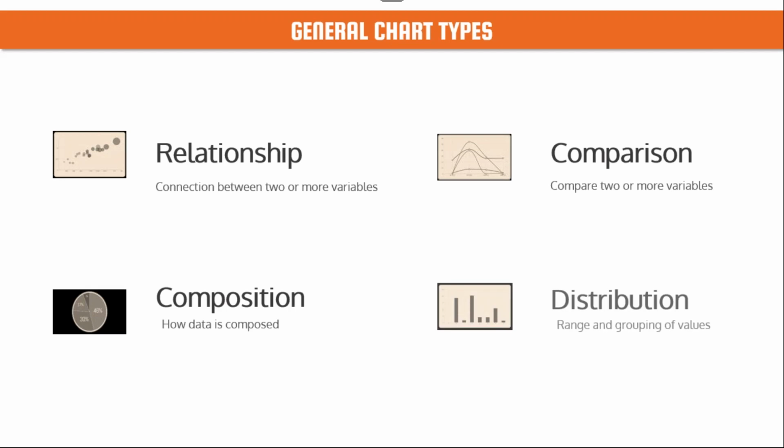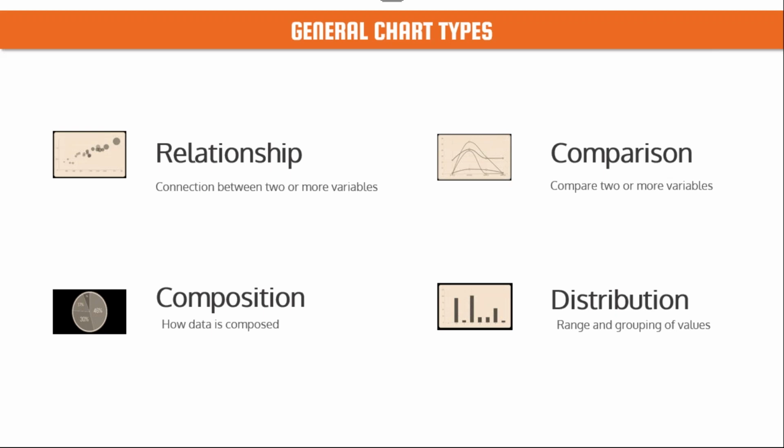We basically have four types of charts. We have the relationship chart, which shows the connection between two or more variables, let's say the connection between income and education. We have the composition, which is a breakdown, let's say a breakdown of responses to a survey.